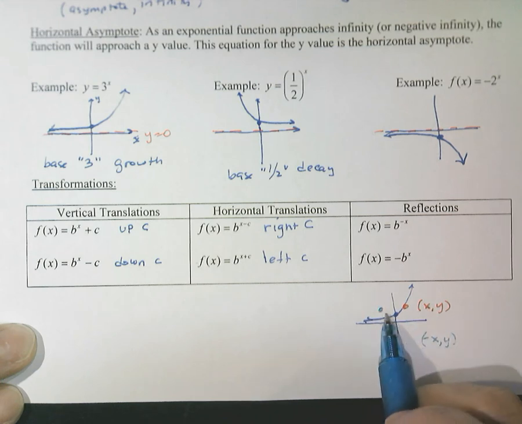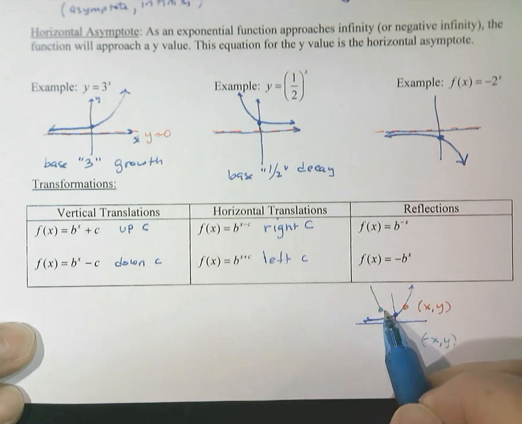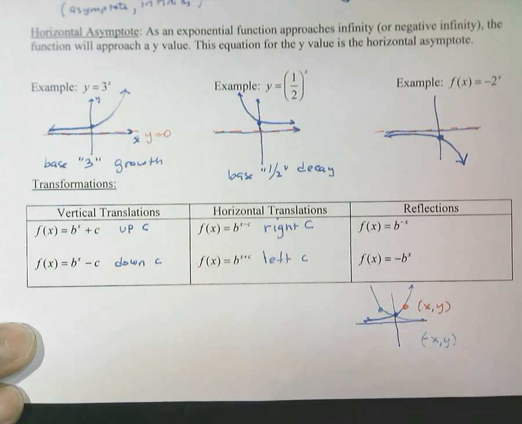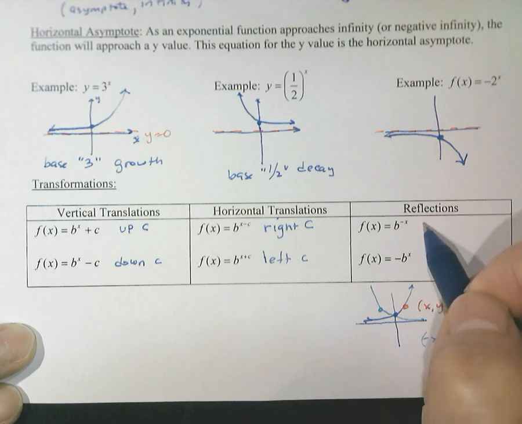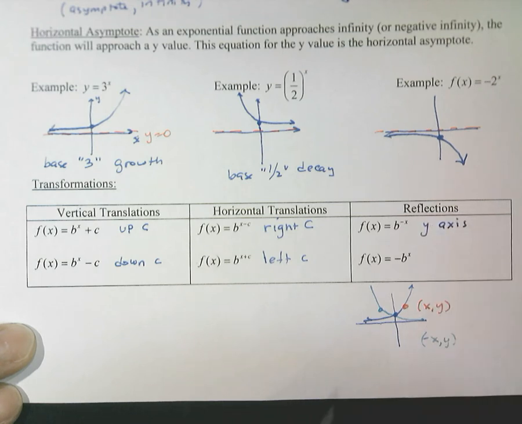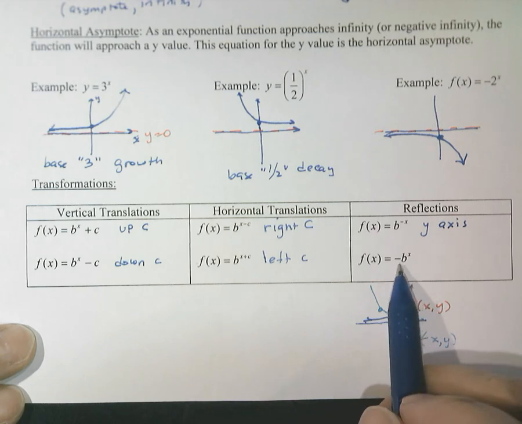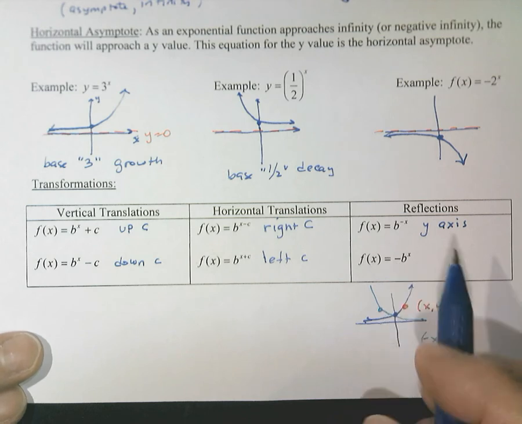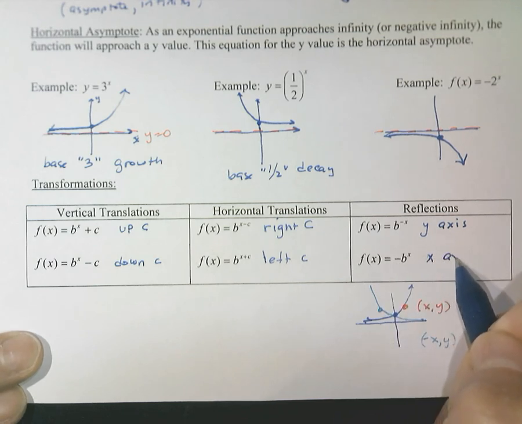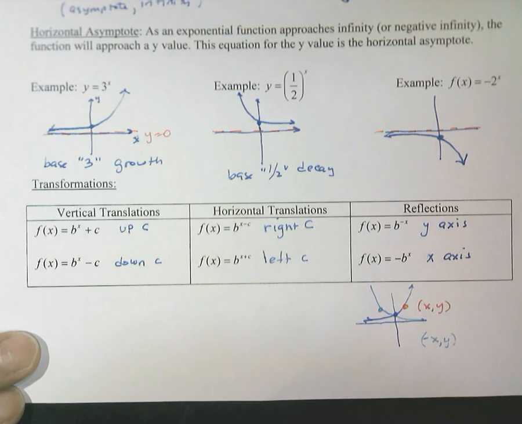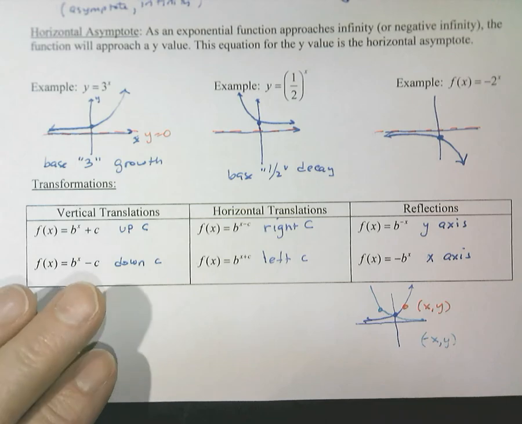So instead of a positive x, it's going to be a negative x. It looks like this. So a negative x is going to be a y-axis reflection. If you change the value of the function itself, the y value, that's going to be an x-axis reflection. Most of you have done very well with that, but we've not done it in a while, so it's worth going back over and explaining it for this.